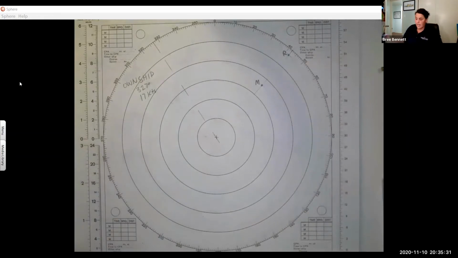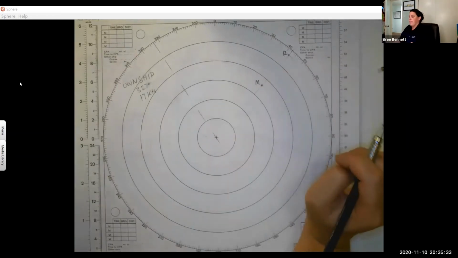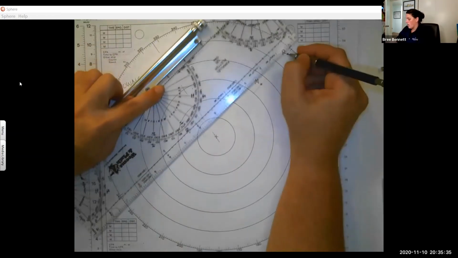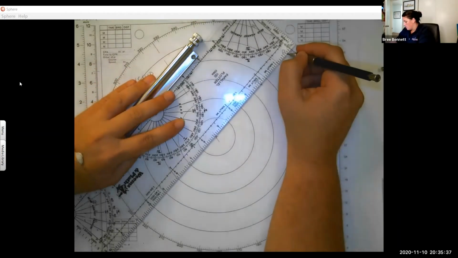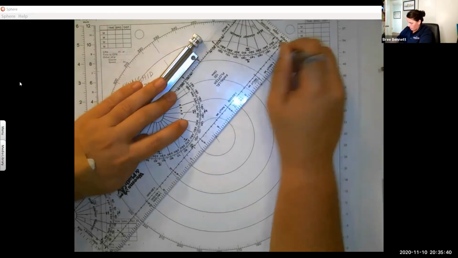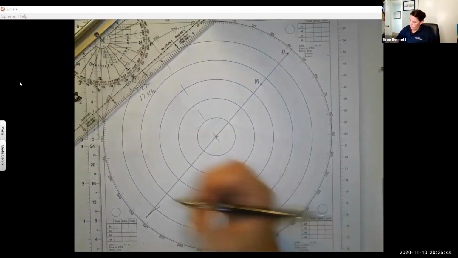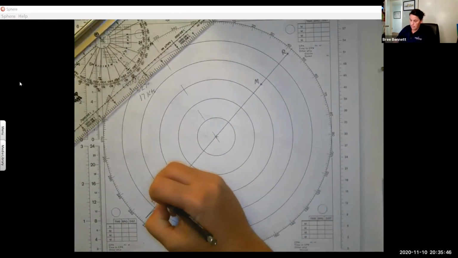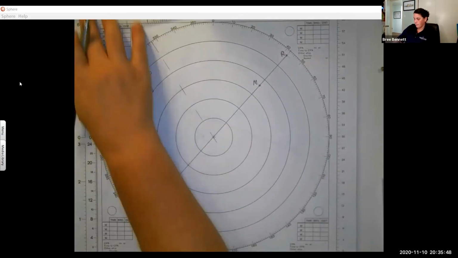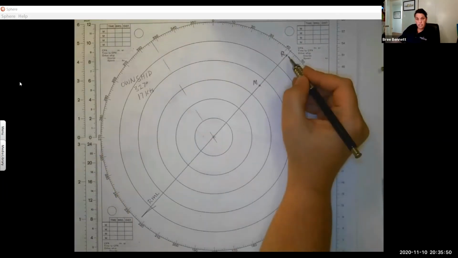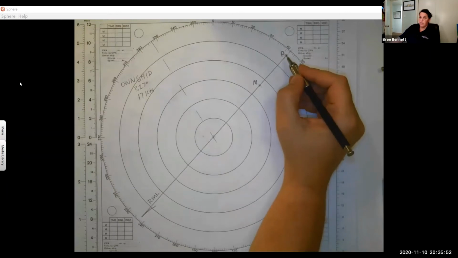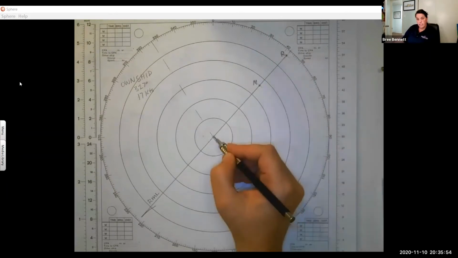We have an R and an M of our triangle right now. When we connect our R to M line, we get our relative motion line.